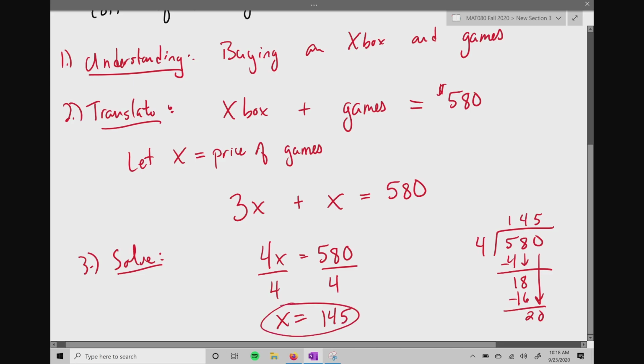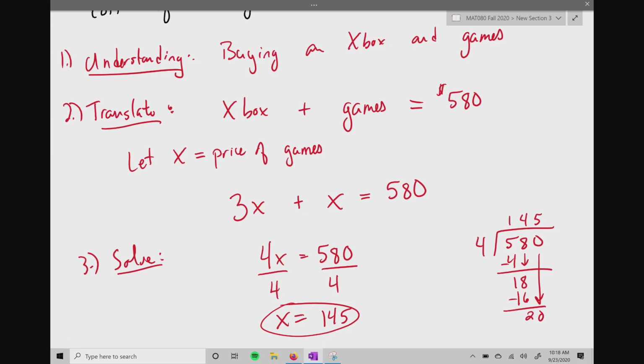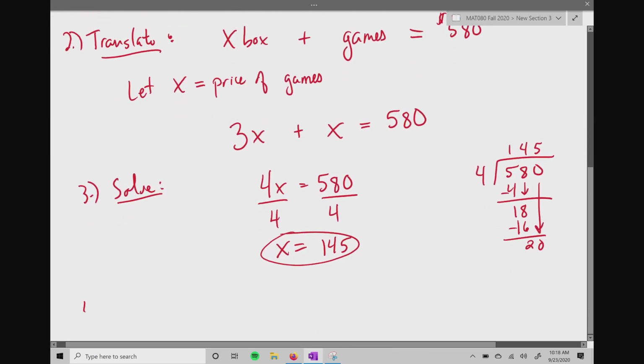So how much were the games? $145. The games totaled $145.